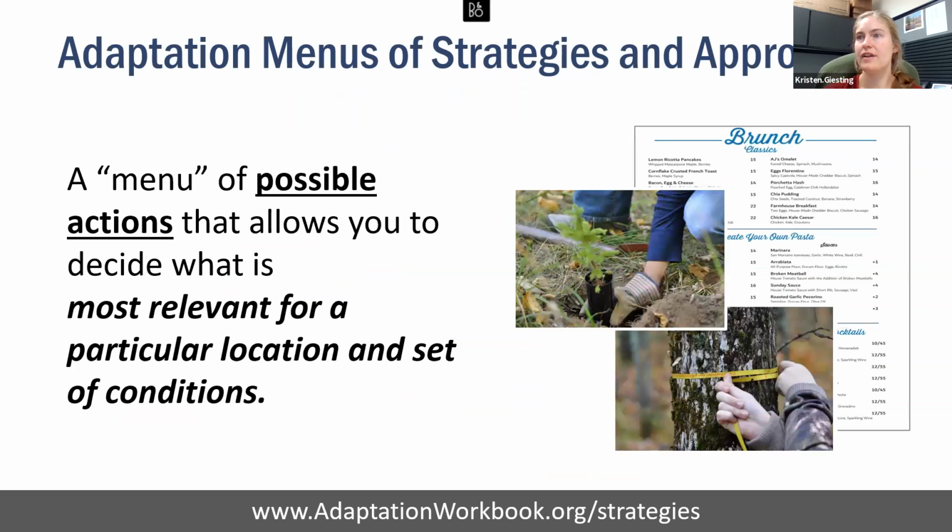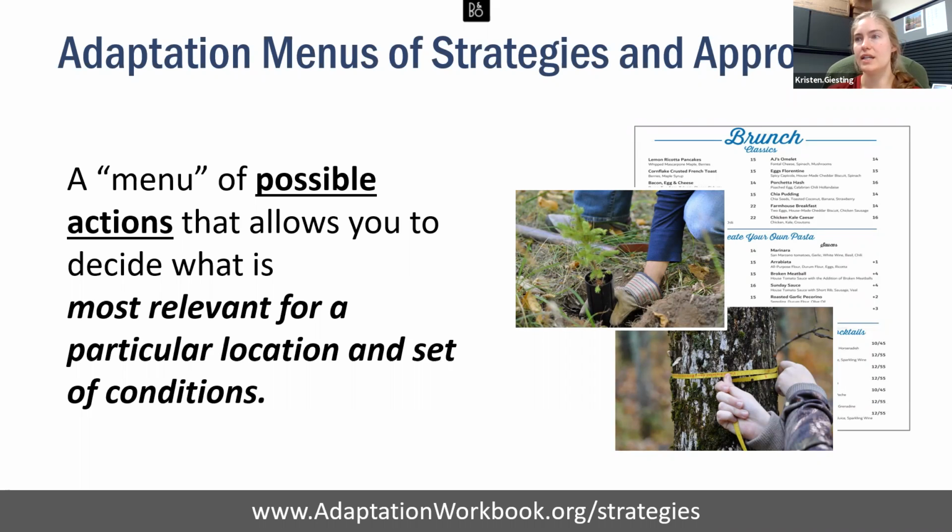So NIACS has developed a range of these adaptation menus in collaboration with some of our other partners to help guide folks in the process of exploring and developing adaptation actions. You can find these adaptation menus actually embedded into the online workbook, as well as additional menus at the link at the bottom of the page. The adaptation menus are essentially organized lists of possible actions that you can pick and choose from to address specific problems.